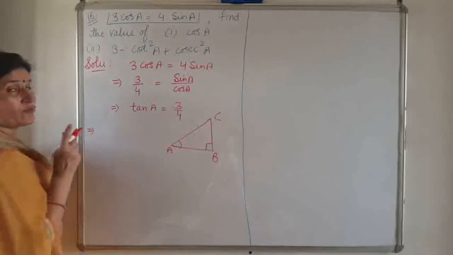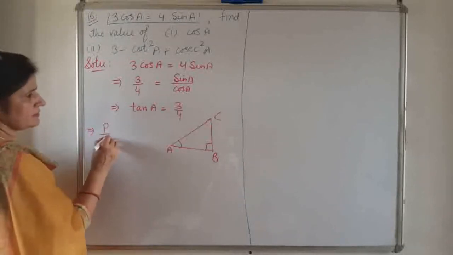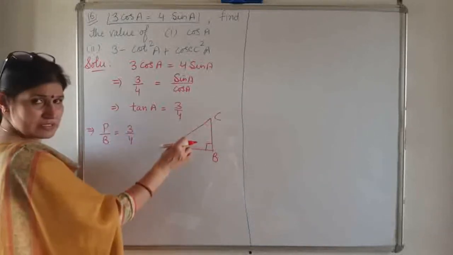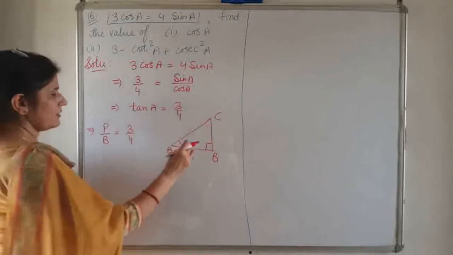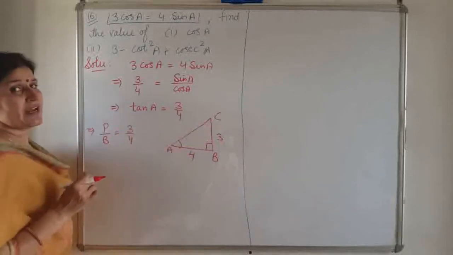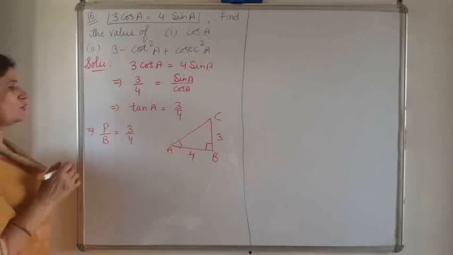Tangent is ratio of two sides. Which one? Perpendicular and base. 3 over 4. That means according to this angle A, base is 4 and perpendicular 3. This is hypotenuse. So we find hypotenuse by using what? Pythagoras theorem.